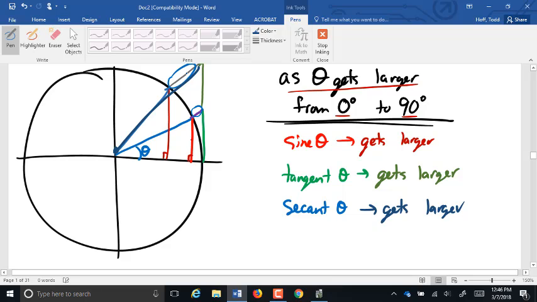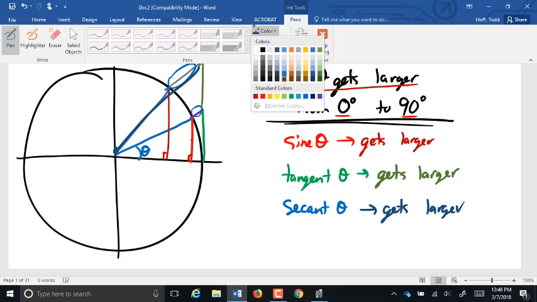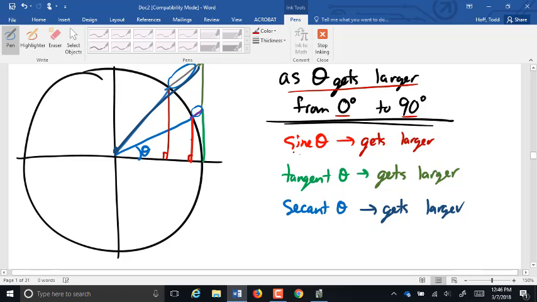Now, this is going to tell us a couple other things about these values too. The sine, by the way, what is the largest the sine can be? At 90 degrees, it's going to be right there, right? What's that length? That's the radius of the circle, which is 1.